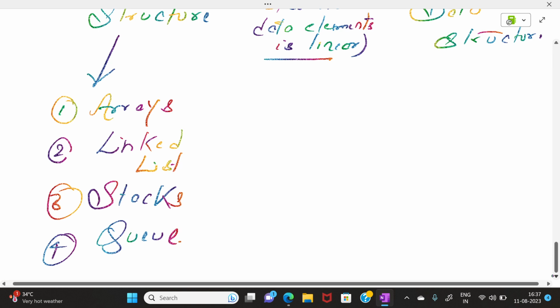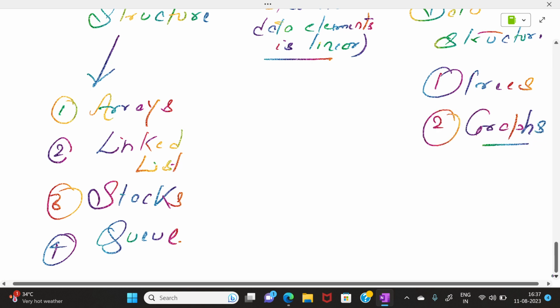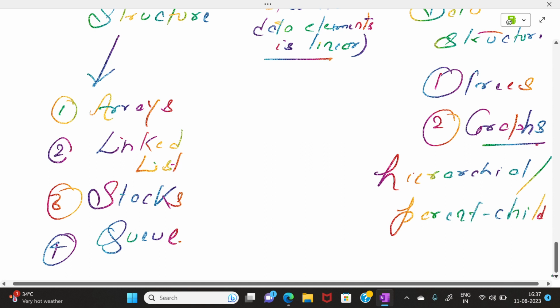And for the nonlinear data structure, we have trees and then we have graphs. It is also known as hierarchical or parent-child relationship type data structure. So we'll see about this in the upcoming videos.